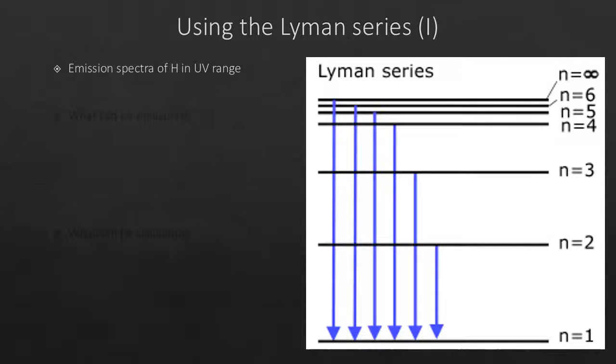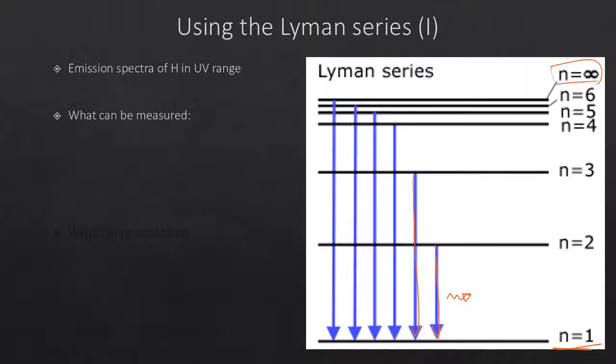See here we've got our n equals 1 level, which is where our electrons all want to return back to, and we have this n equals infinity level, which is where they're removed. Okay, so what can we measure here?